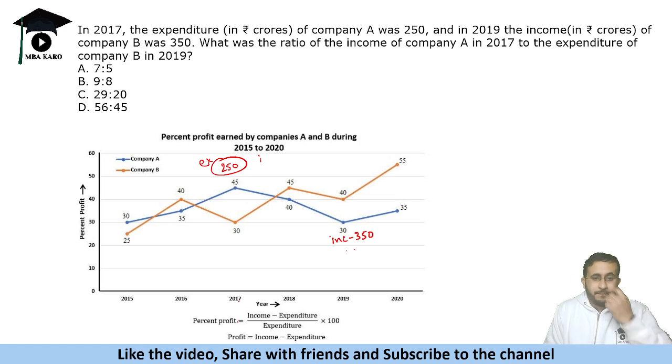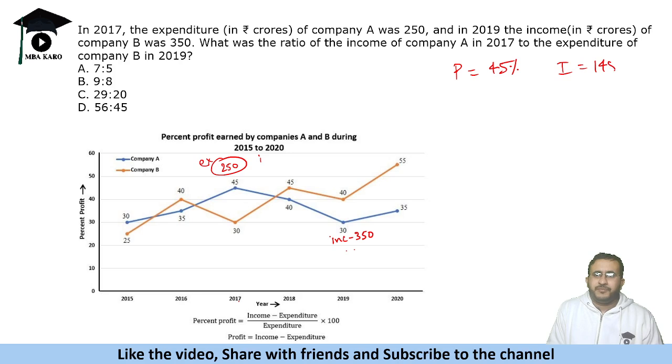Now we are given that profit is income minus expenditure by expenditure, so it is a percentage of expenditure. If P is 45%, that means income will be 145% of expenditure, isn't it?